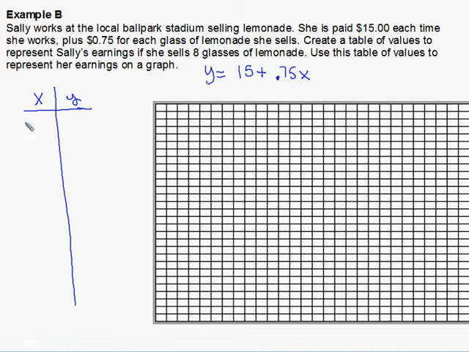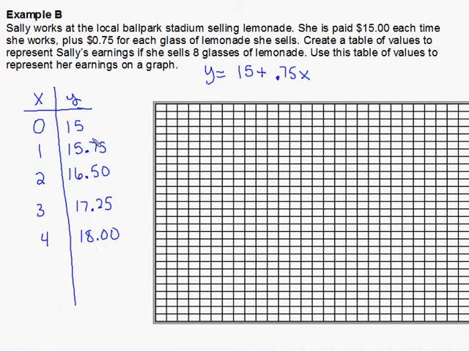So if she comes to work and she sells no lemonade, she still makes $15. Okay. And if she sells one glass of lemonade, she makes $15.75. And if she sells 2 glasses of lemonade, she makes $16.50. And if she sells 3 glasses of lemonade, she makes $17.25. 4 glasses of lemonade, and she makes $18. Okay.